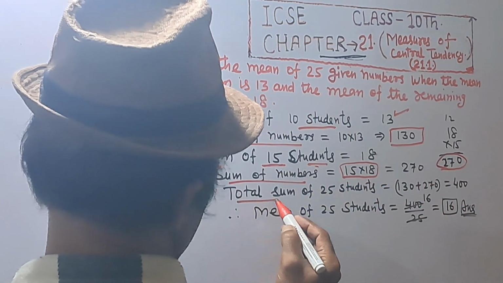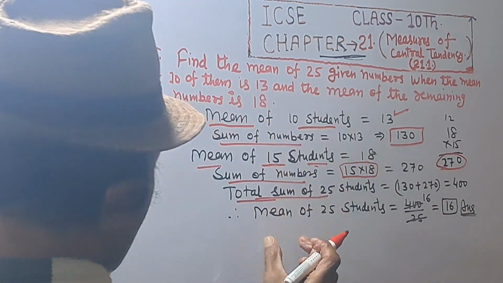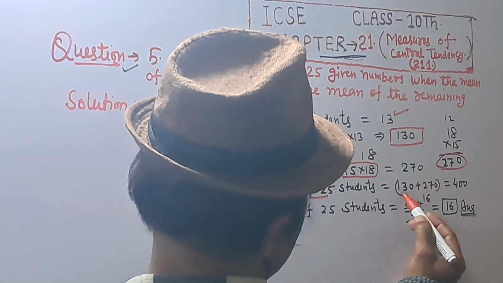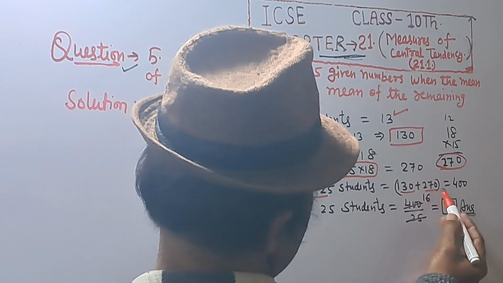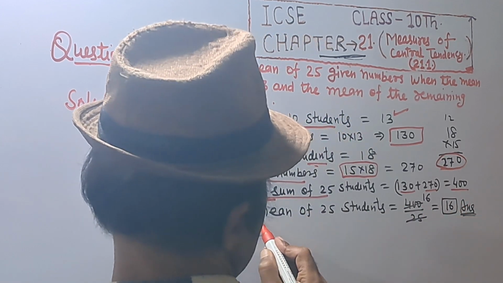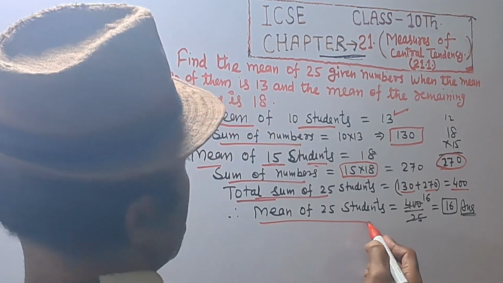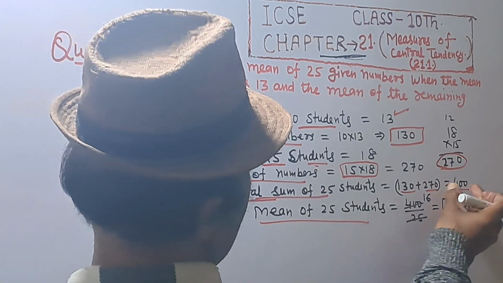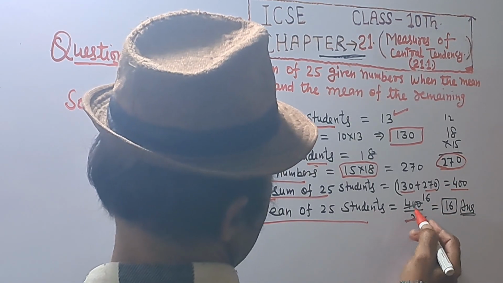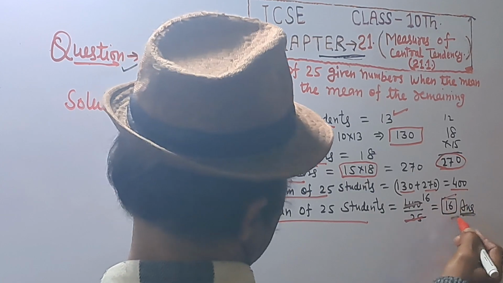And total sum of 25 students, that is 130 plus 270 equal to 400. So mean of 25 students equal to total sum 400 divided by 25, that is equal to 16. Answer.